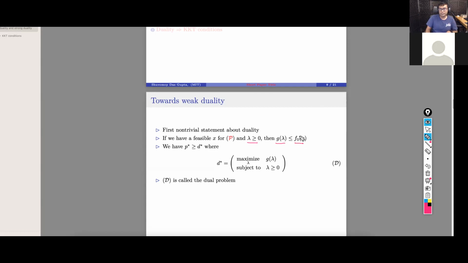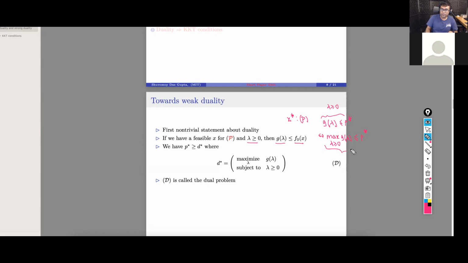Now because x star, the optimal solution with value p star, is also a feasible point for the primal, we could say that g of lambda is always less than or equal to p star. And this leads us to weak duality. How? Because this is true for any lambda greater than or equal to 0, the maximum over all lambda of the dual function will be less than or equal to p star.